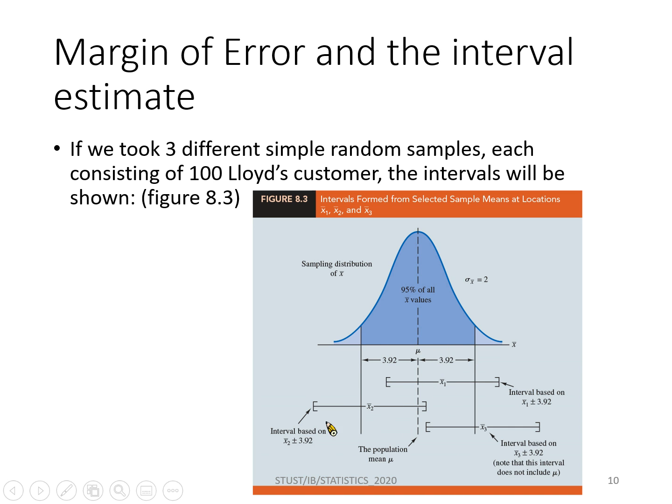The samples from those two times can be expressed by the formula x bar 1 or x bar 2 plus or minus 3.92, following the 95% confidence level.